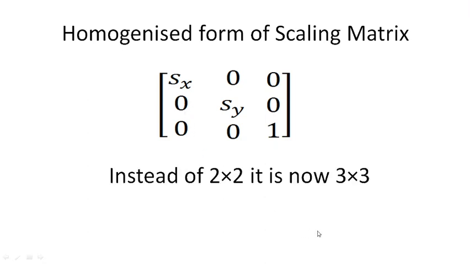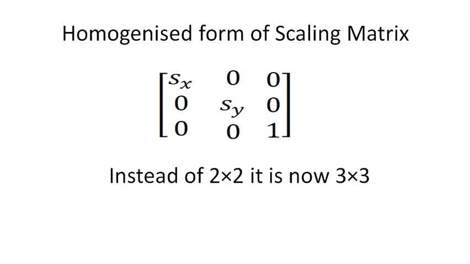So you can see now the scaling matrix is also of 3 by 3 dimension, as we had in case of translation and rotation, and it will again be multiplicative in nature as in the earlier case.